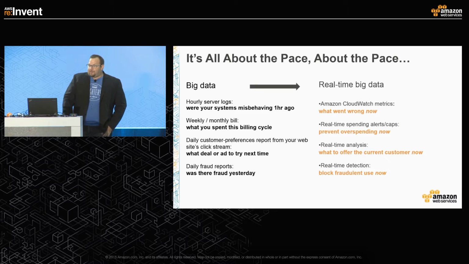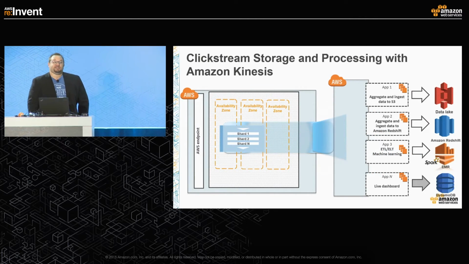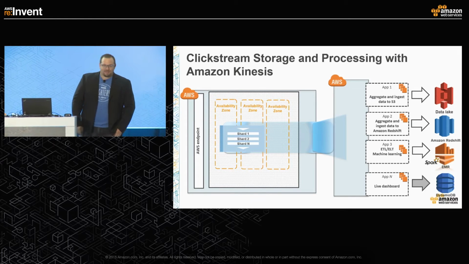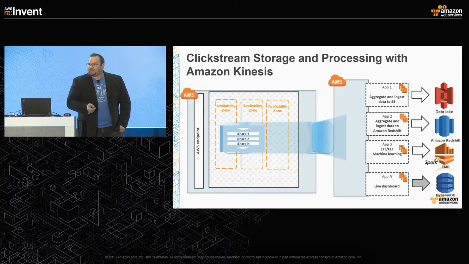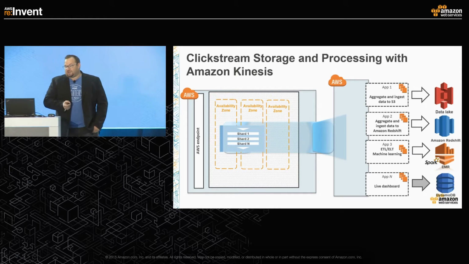So just to recap how you do that. We'll talk about Amazon Kinesis streams, as you heard today in Andy's keynote. Amazon Kinesis streams is a managed service for streaming ingestion, and provides you continuous processing on your streams.